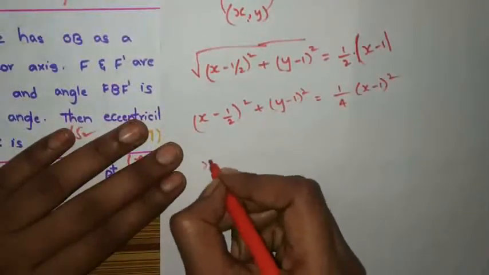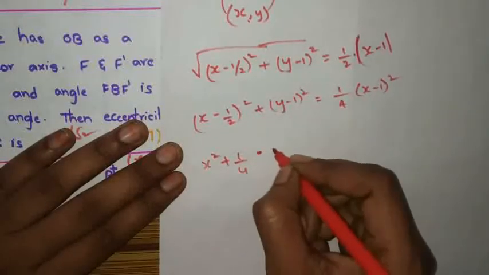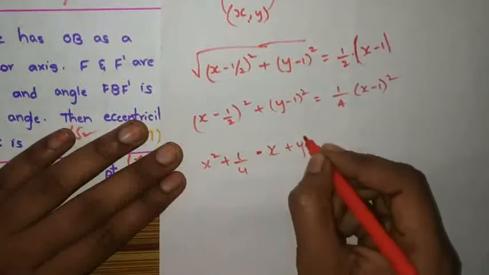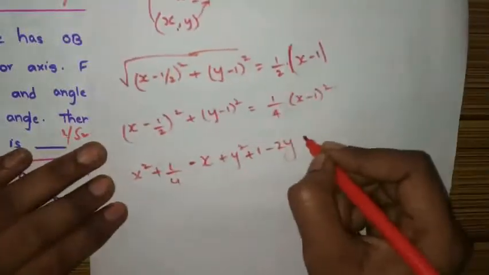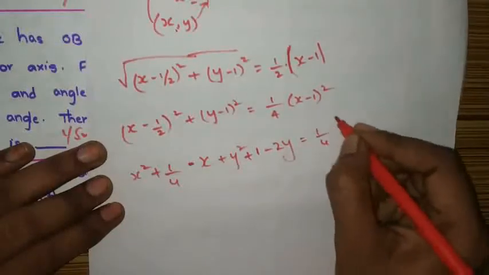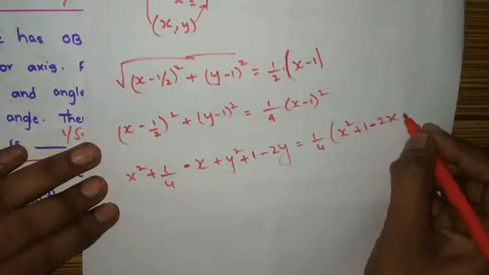Now expand this: x square plus 1 by 4 minus x plus y square plus 1 minus 2y is equal to 1 by 4 into x square plus 1 minus 2x.